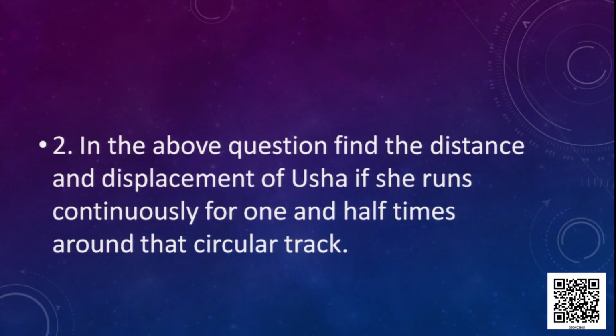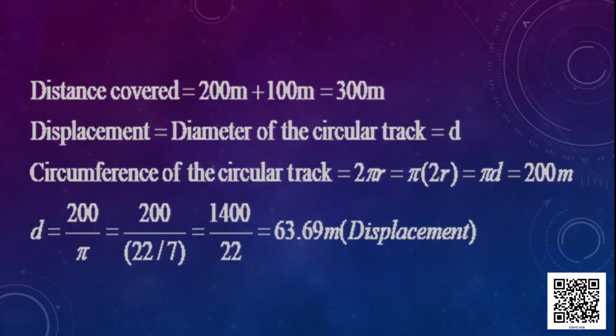Not 2 times, it is 1.5 times. So what would be the distance and displacement of Usha? Distance covered: 1 complete round, the circumference of that circular track, 200 meter, then half round of that circumference equal to 100 meter. So 200 meter plus 100 meter, distance covered equal to 300 meter.